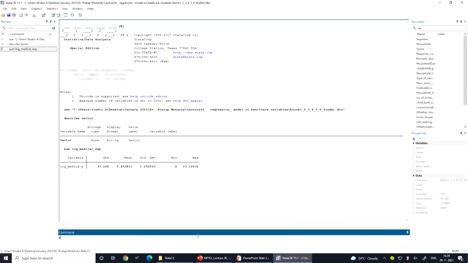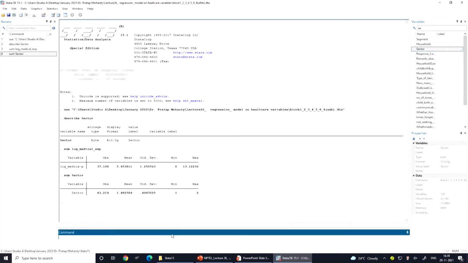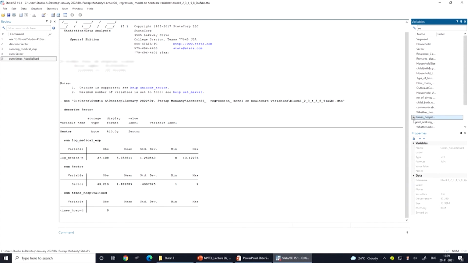Now, you will find the difference between a string variable and a non-string variable. Enter, and you will find that this also gives us values, because this has already been destrung. I will give you another one: time spent in hospitals.